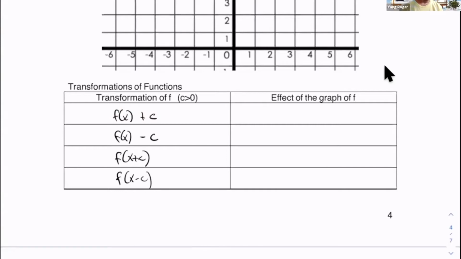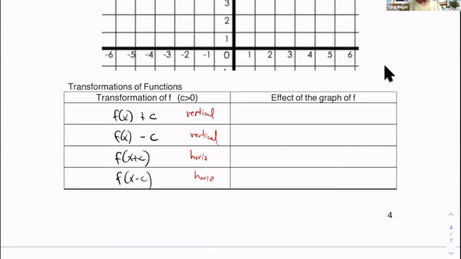Correct. Absolutely. So the comment I want to make is that what you call up down, I call vertical, and the stuff you're calling left right, I'm going to call horizontal.